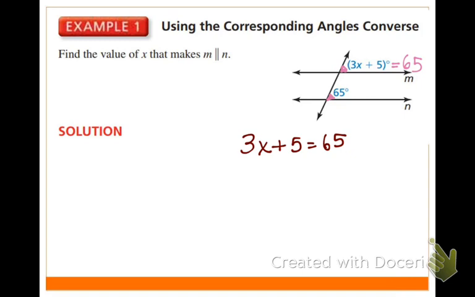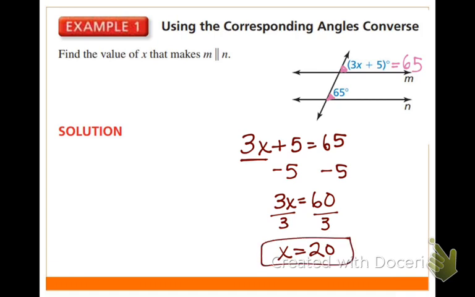To get x by itself, we need to subtract 5. So 3x equals 60. Divide by 3, and x equals 20. You got it? That would be all that we do here. We know that corresponding angles are congruent, so we set them equal, and then we solved.